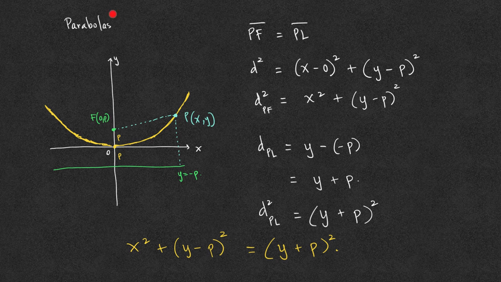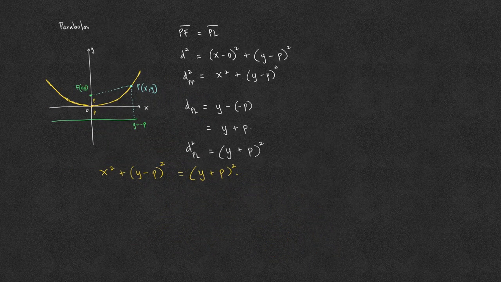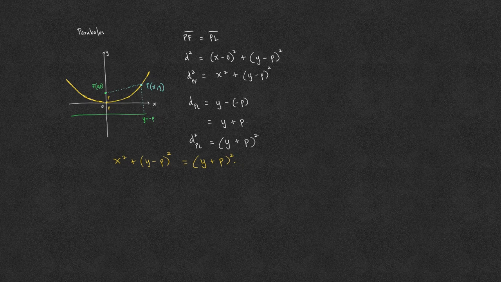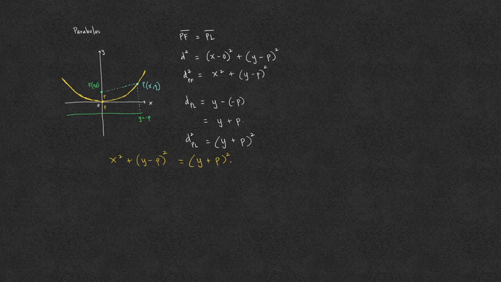To find the equation of the parabola, we need to simplify this equation. To simplify, we will first expand this. The left-hand side is x squared plus y squared minus 2yp plus p squared. And the right-hand side is y squared plus 2yp plus p squared.